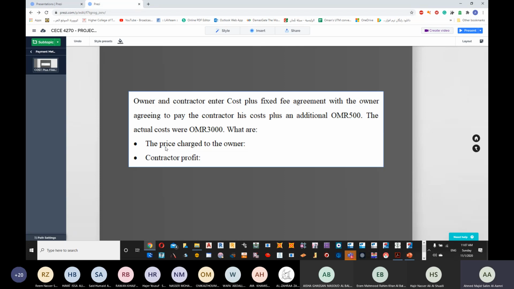The profit is 500. Now, if the actual cost became 10,000 instead of 3,000, how much is the profit?